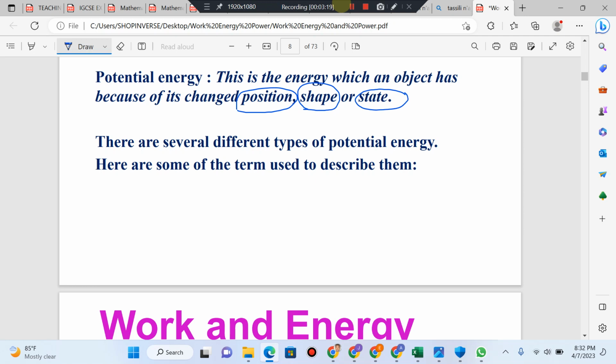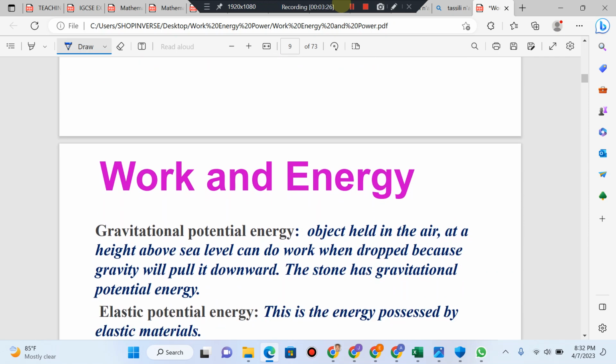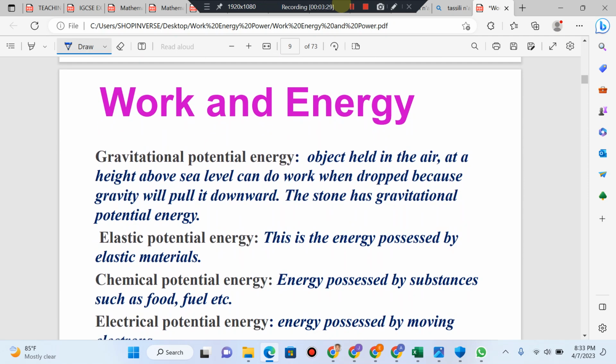We also have electrical potential energy, that's due to charged objects. When electric charges are in motion, you have electrical potential energy. And when it comes to gravitational potential energy, the formula is mgh.